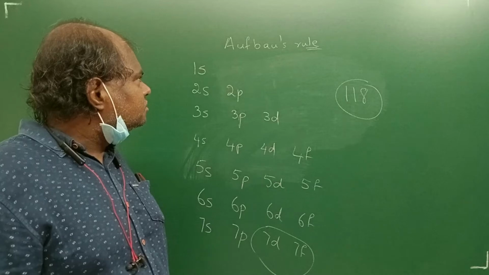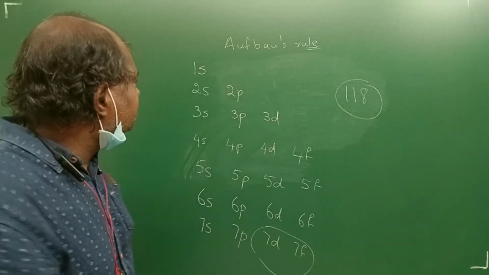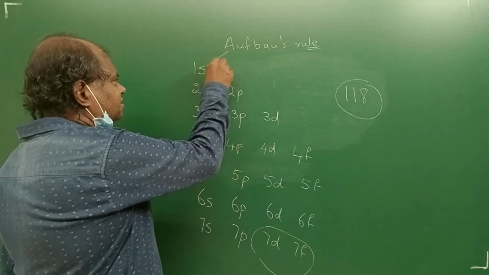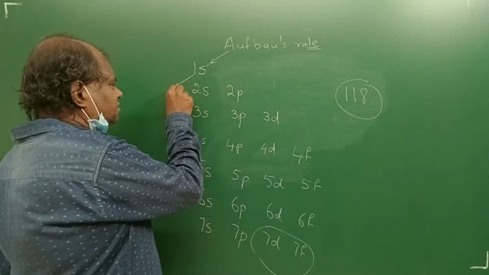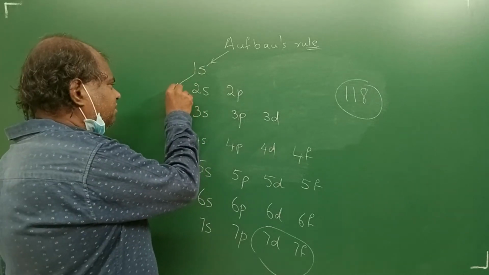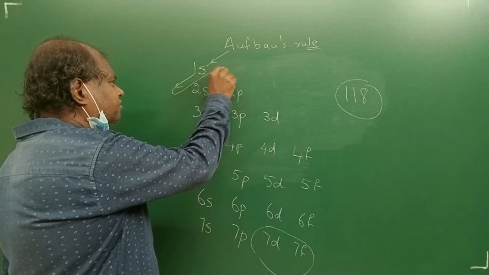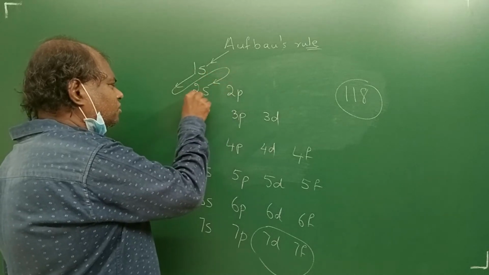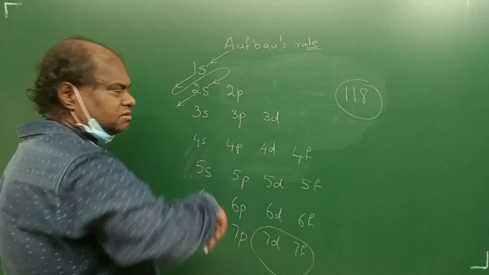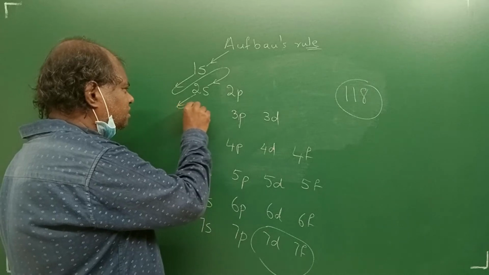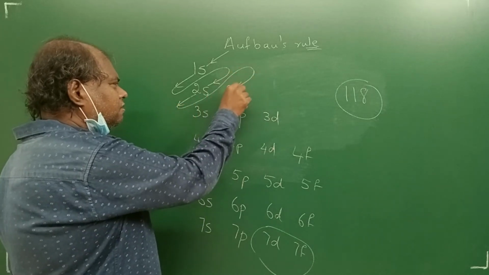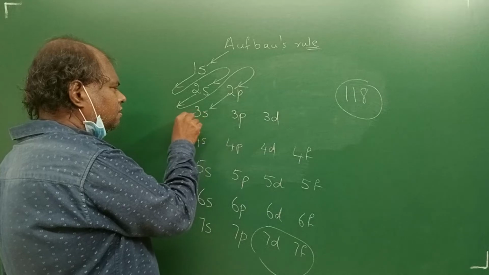Okay. So now, how will you fill the electrons? Just first you will fill the 1s. Listen to this very carefully, very, very important. Then you will fill the 2s. See, it goes like a snake. Then you fill the 2p.